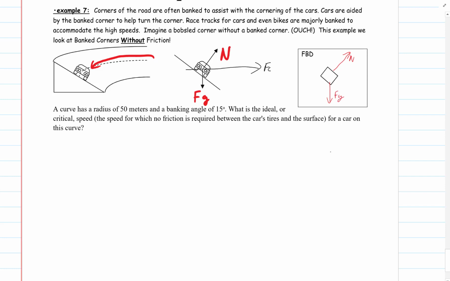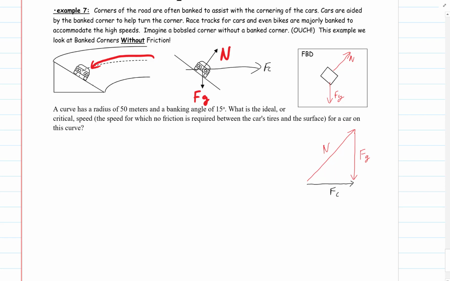And they need to make a triangle, so you end up with a normal and the force of gravity, and you end up with the centripetal force. Kind of like the tetherball one. Now they're asking, a curve has a radius of 50 meters and a banking angle of 15 degrees.